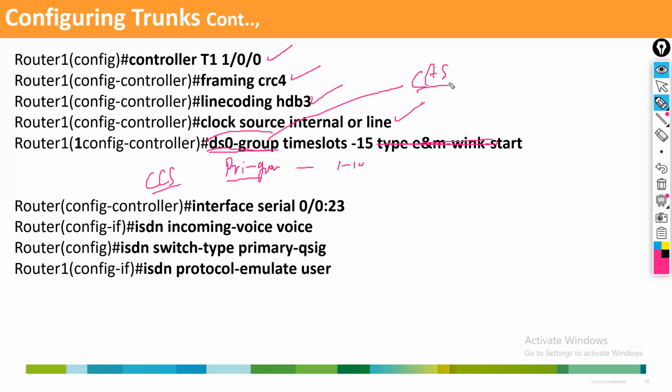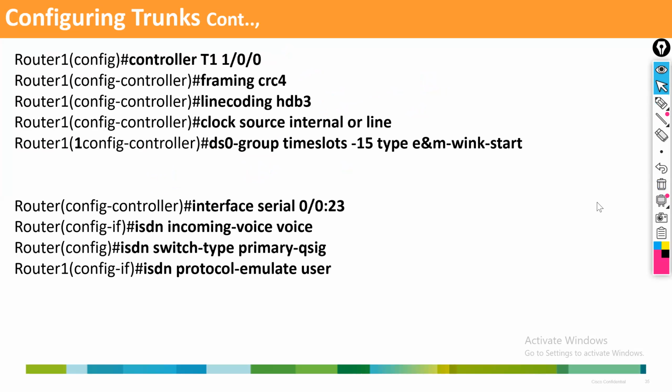If you type DS0 group, which signaling method does it take? CAS. If you type PRI group, CCS. But I have configured PRI group, so that's the reason it's dedicating one channel, the D channel, I'm getting. Getting the point? 16 channel. Clear? Okay.